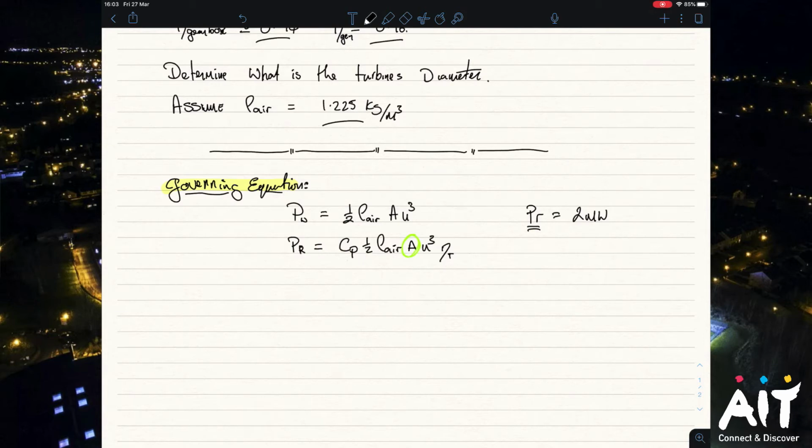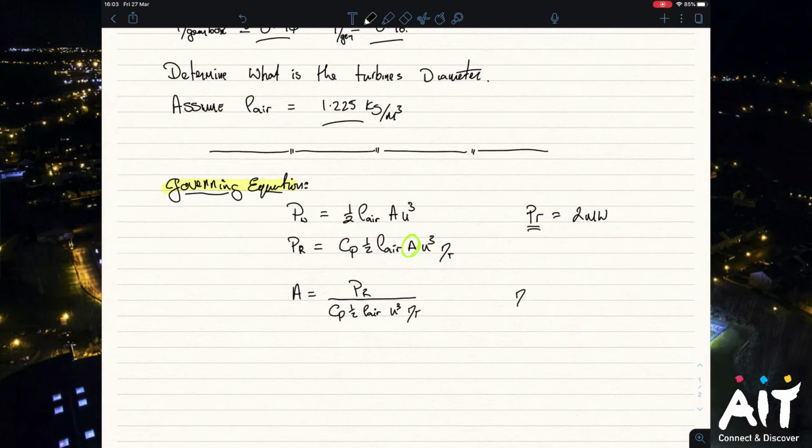The area is equal to the power at the rated wind speed divided by the coefficient of performance times 1/2 times the density of air times the velocity cubed times the overall efficiency in our wind turbine.